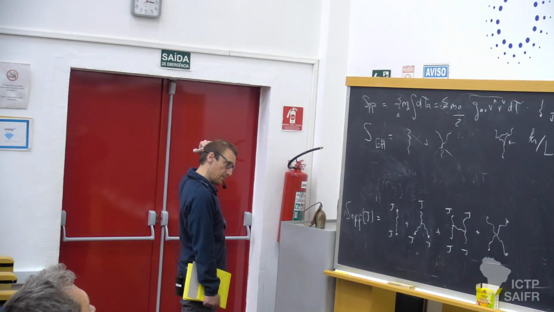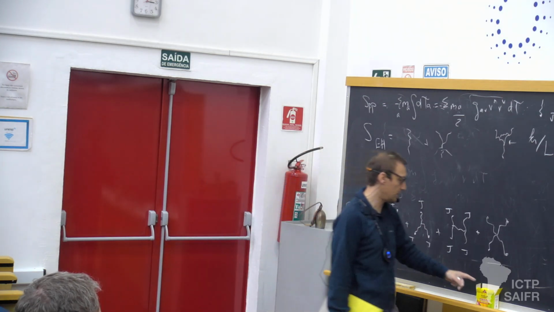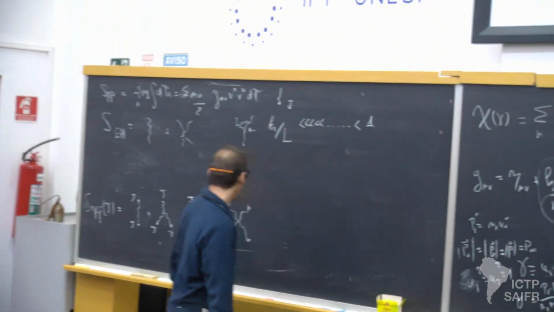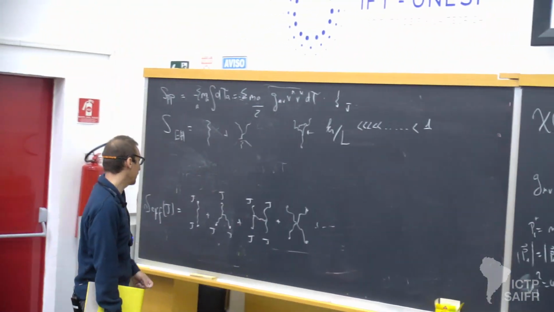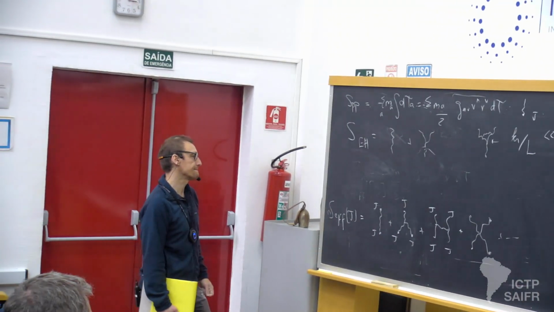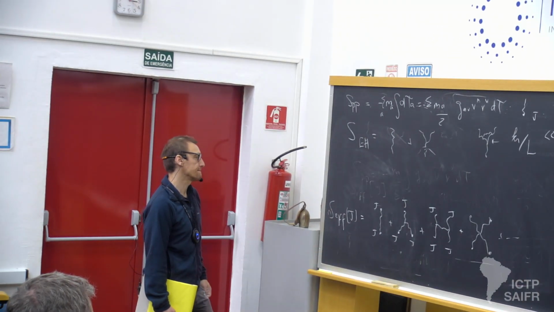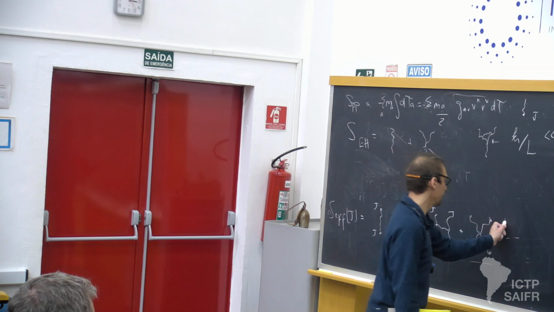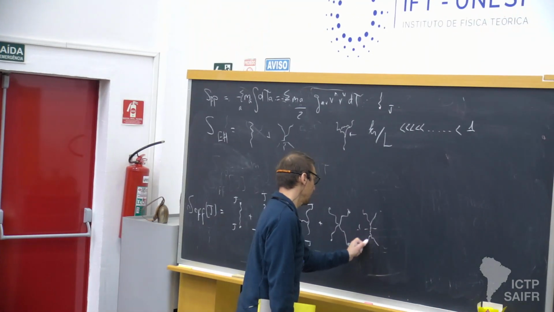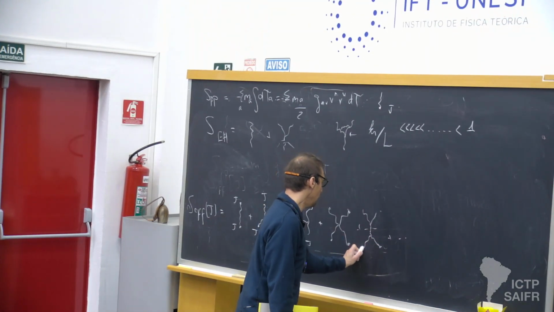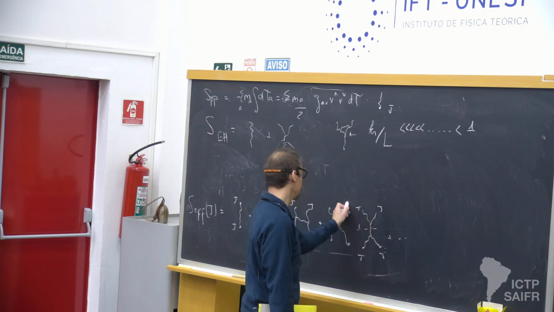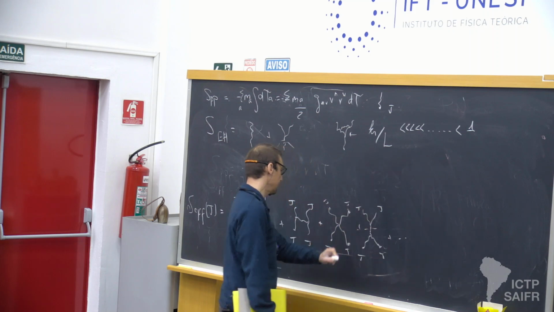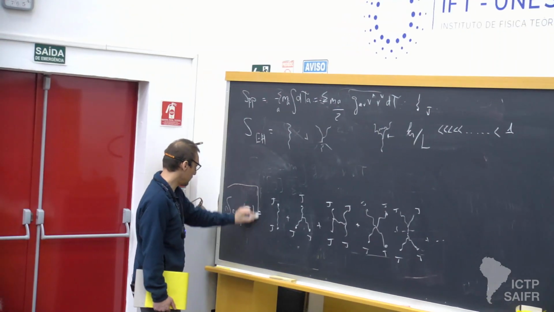They could be higher endpoint functions. This one doesn't contribute at the end, and so on. There is also this guy. Always truncated with sources, right? That's for this part of the calculation.